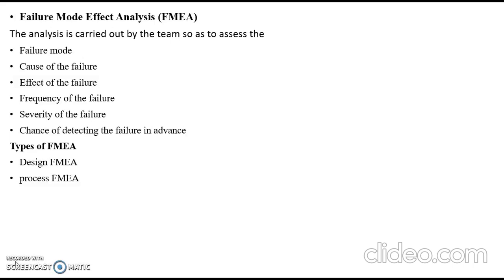That is effect of failure. For example, rejection of goods due to invoice error, material wrongly delivered due to the wrong address, payment not received due to the data entry error, etc. These are some examples of effects of failure.